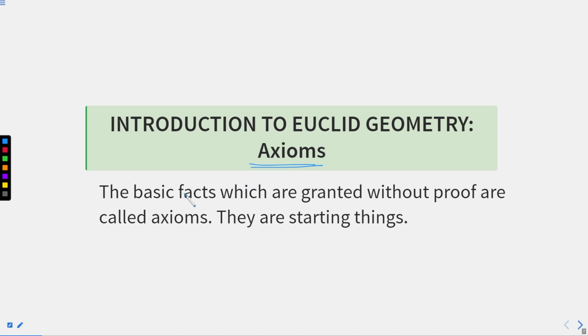So first here, the meaning of axiom is just basic facts which are granted without proof. So these are just assumptions in all of mathematics, which are used to create many definitions.